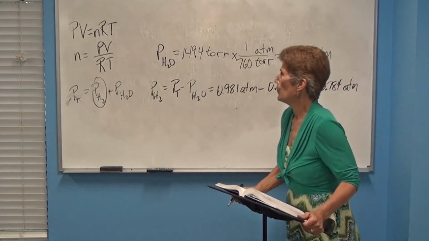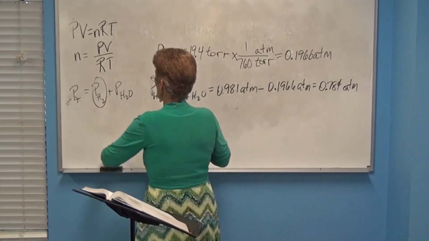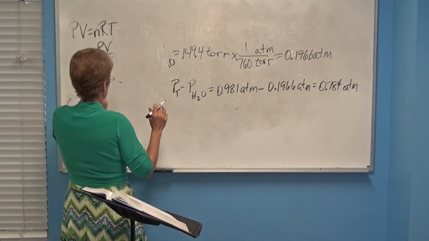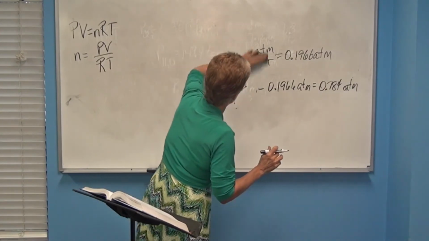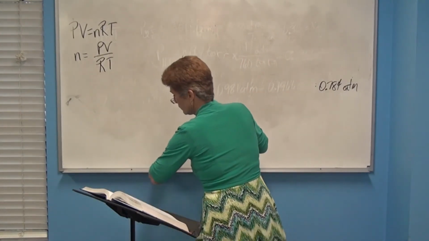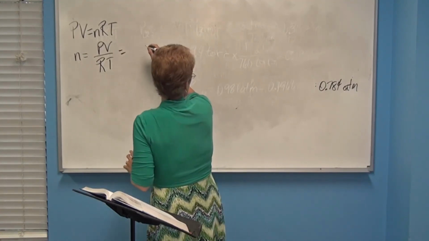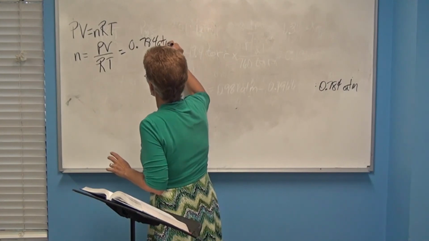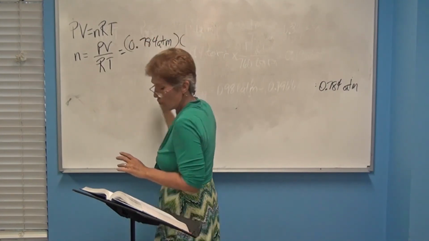There we go. So now that we have the pressure, I can come back over here. I'm going to ditch this. I'm going to put this pressure in: 0.784 atmospheres. So far, so good.